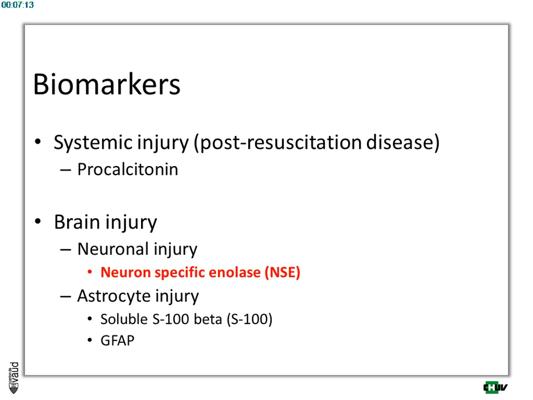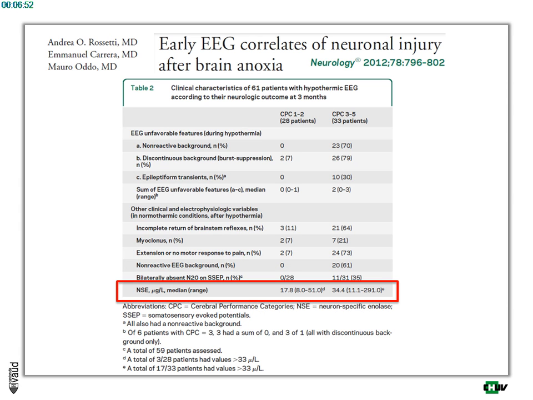For more specifically cerebral markers, there's neuron-specific enolase. There's also S100 beta or GFAP. There are a lot of biomarkers if you read the literature in this area, but none of them is robust, and there shouldn't be one. This is a study we did in Lausanne, but other centers also proved it. I showed you the Dutch team.